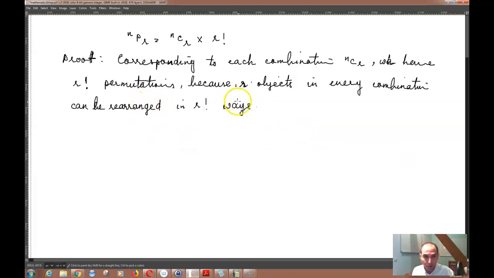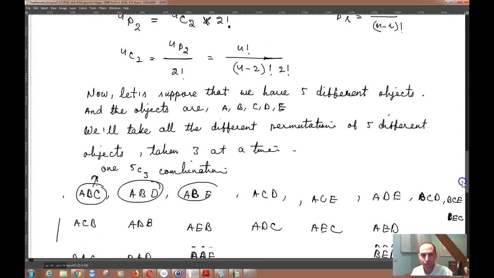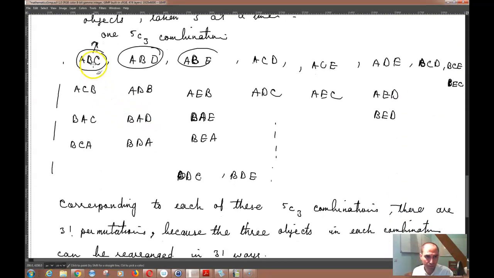And we saw in the previous example that you would get all of these different arrangements, and the number of them is of course going to be R factorial.